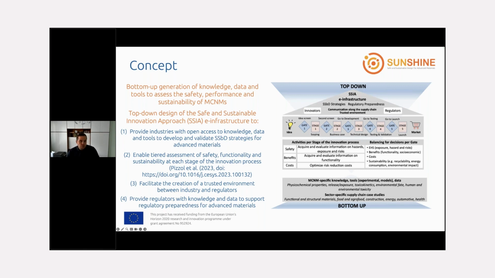To operationalize the safe and sustainable innovation approach, we're combining a comprehensive tiered methodology for safe and sustainable by design assessment and decision making with a trusted environment between industry and regulators and resources to support regulatory preparedness.